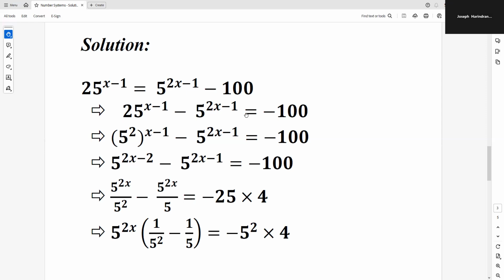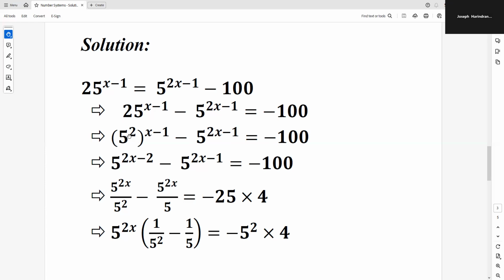This is the first step. The next step is, while solving any exponential equation, we should make the base the same. Here we have 5 as a base, so we convert this 25 to 5 squared. We change this 25 to 5 squared because we have 5 as the base. 5 squared whole power x minus 1 minus 5 power 2x minus 1 is equal to minus 100.